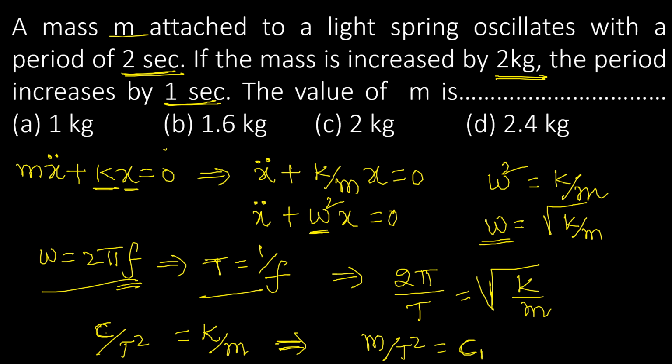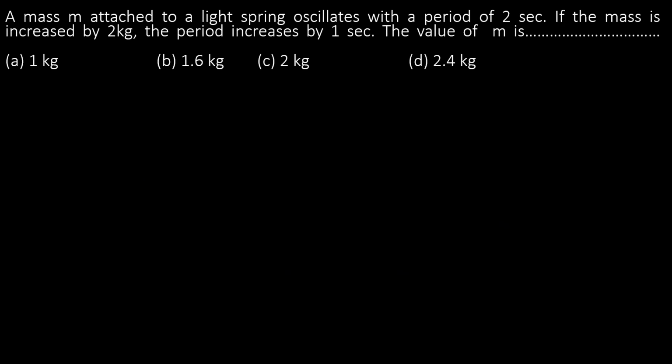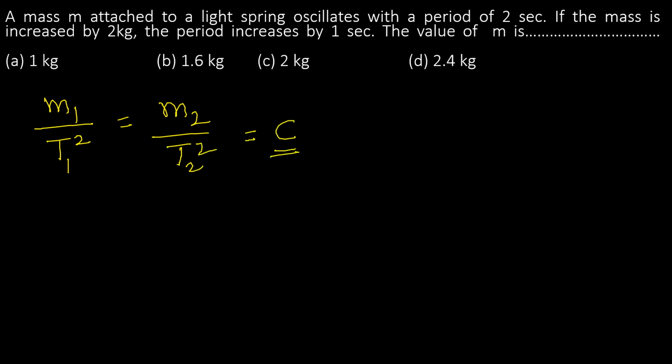By using this relationship, we can write m1 by t1 square is equal to m2 by t2 square, that is equal to some constant. Now let's substitute the values m1, m2, t1, t2.